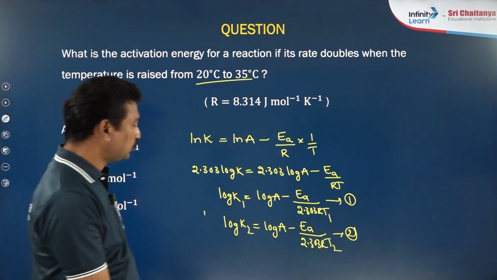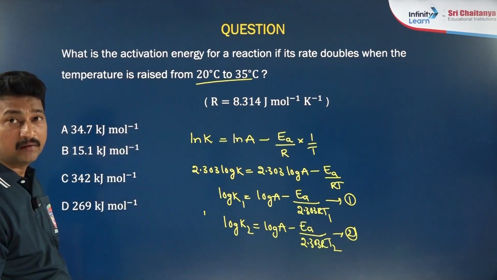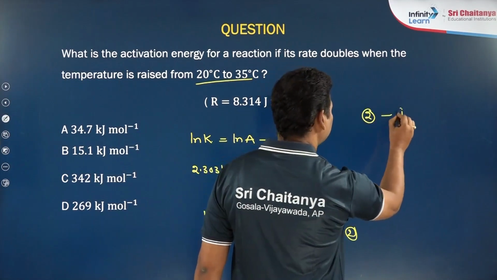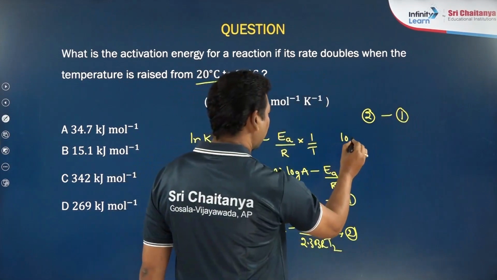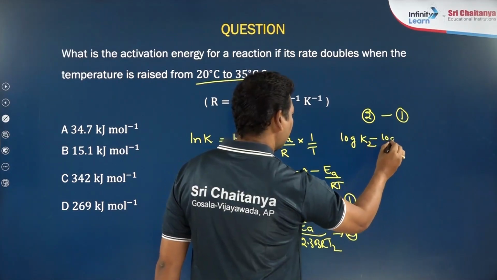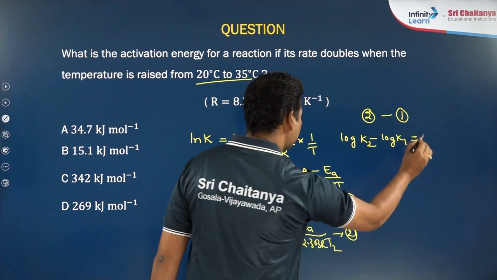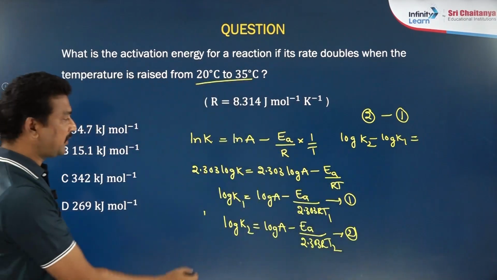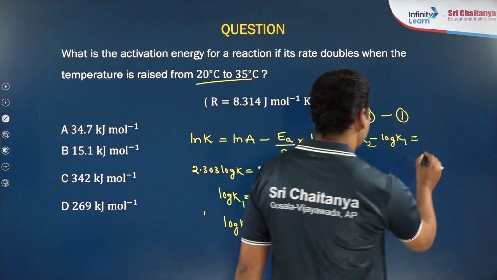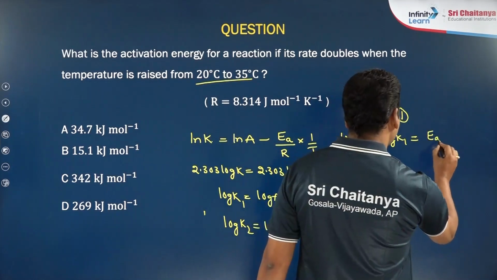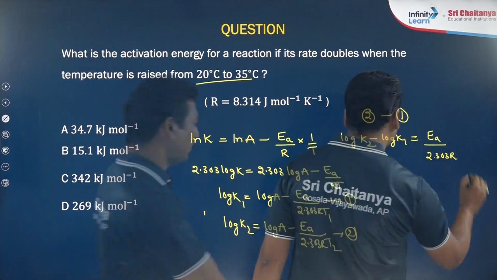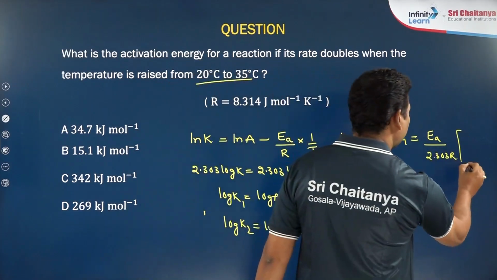Subtracting 1 from 2, we can write log K2 minus log K1 is equal to, log A will get cancelled, EA by 2.303 R of 1 by T1 minus 1 by T2.